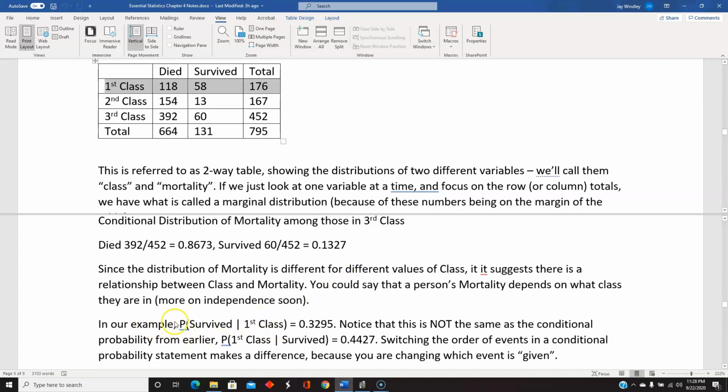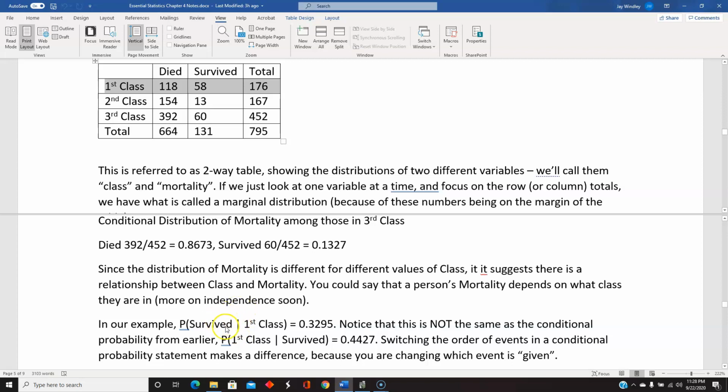So, interesting that when you change the location of these two events on either side of this vertical bar, which kind of takes the place of the word given, it changes the probability.